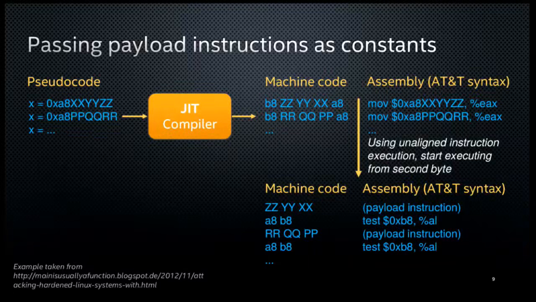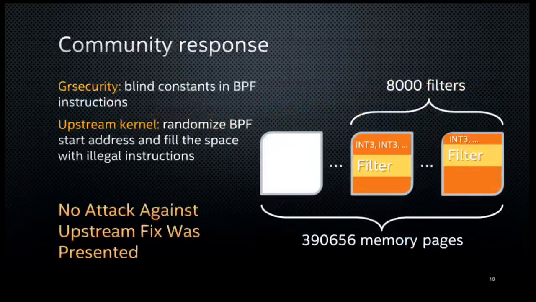If you wanted to put an A8 that we defined ourselves here, it becomes just a simple test. So it's a safe instruction you can walk over and you can get your payload. You can have payload instruction, test instruction, payload instruction, test instruction, and you can keep going, building your payload. So this is what was done in the past.